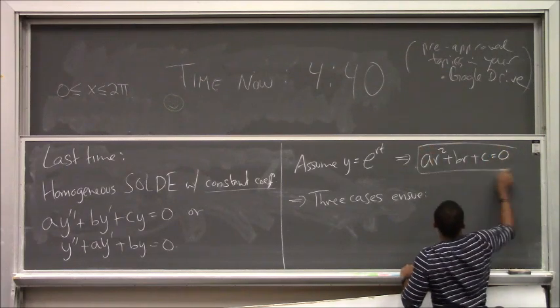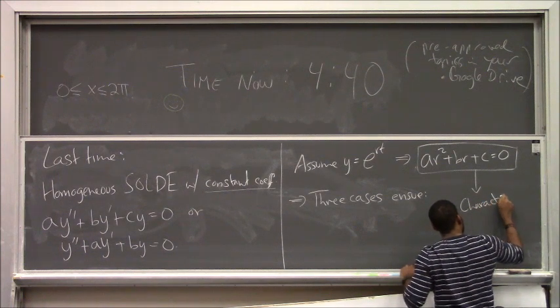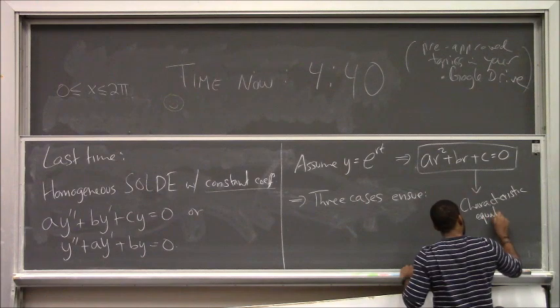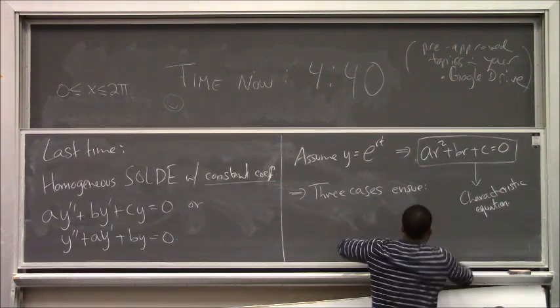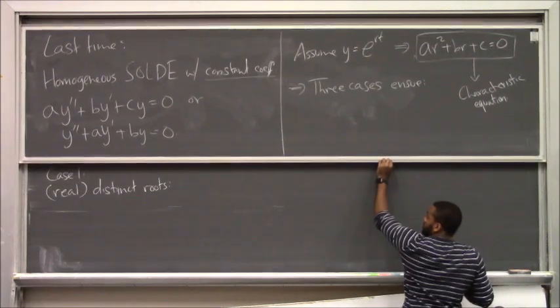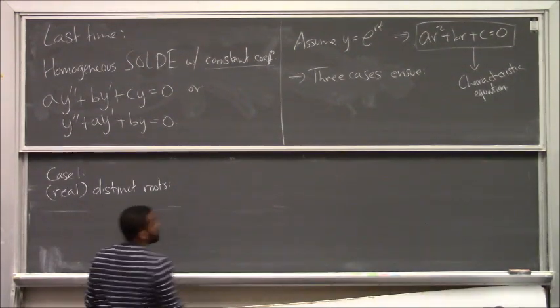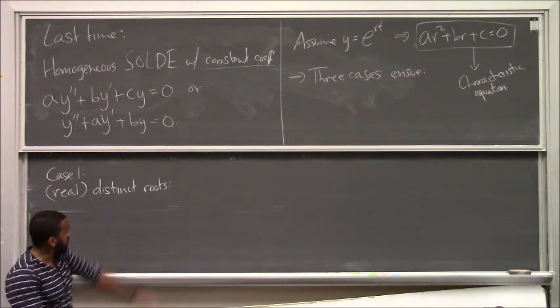This guy is called a characteristic equation. We'll mention it next time. And so you get a quadratic, and once you try to solve that quadratic, you have 3 cases.